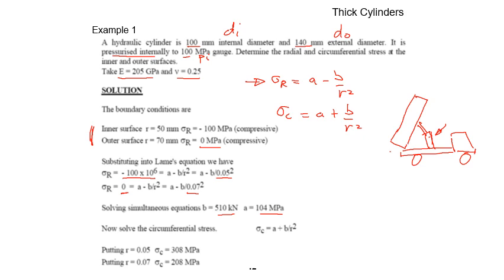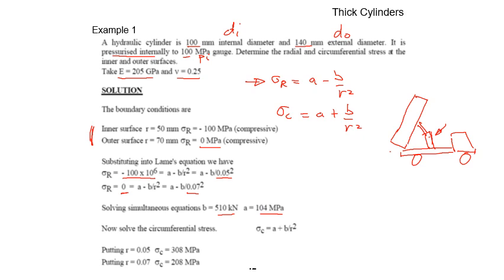Now, if you look closely, you can see that A must have the same unit as sigma R, whereas B is equal to sigma R times R squared, right?